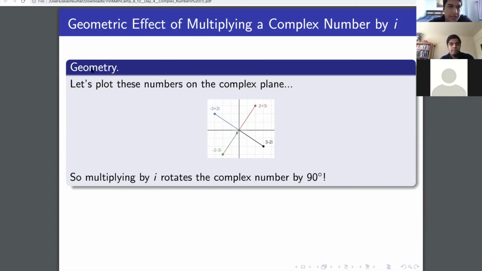So maybe I can just draw in little arrows that'll make it more clear. So you multiply by i, and these are all 90 degrees, by the way. Hopefully you can see that. And this process actually happens the same for all of the other terms.